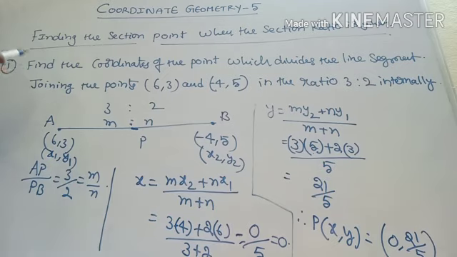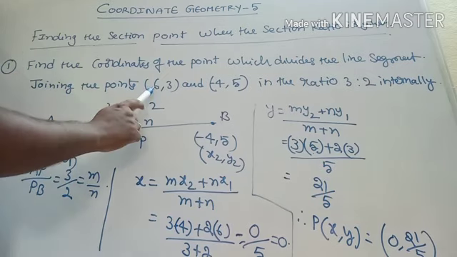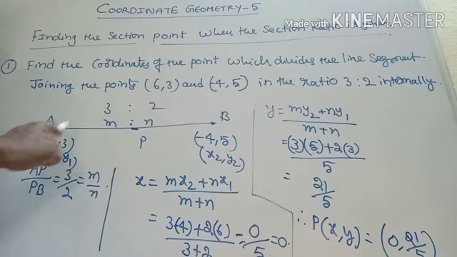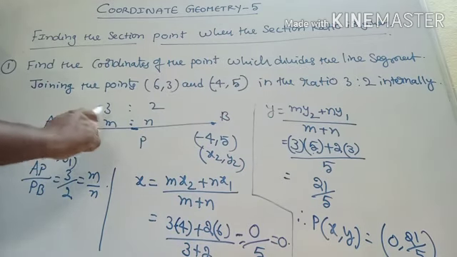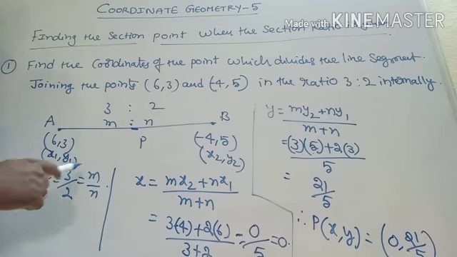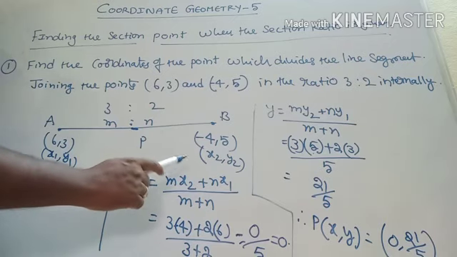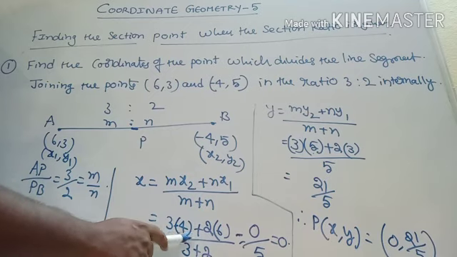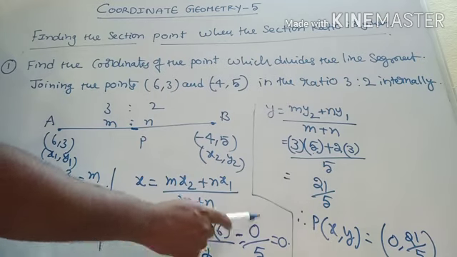You see here, students, they gave x1 y1 x2 y2, and the ratio m is to n is given. Directly we have taken AB, and P in the ratio 3:2. x is mx2 plus nx1 by m plus n, that is 3 into -4 plus 2 into 6 by 3 plus 2, that becomes 0 by 5, that is 0.